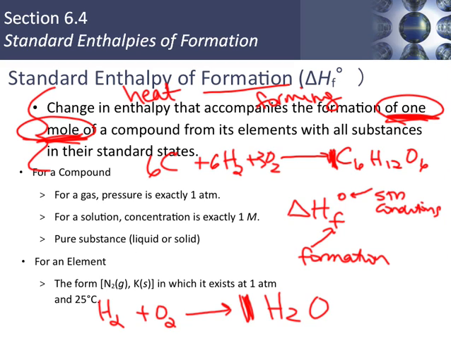What do I put in front of hydrogen? 1. What do I put in front of oxygen? 1/2. It is in thermo in this case that we're allowed to have fractional coefficients. Okay? Yes? No, I'm just putting the 1 in front of the H to make a point. But no, you're not required to put a 1 there.